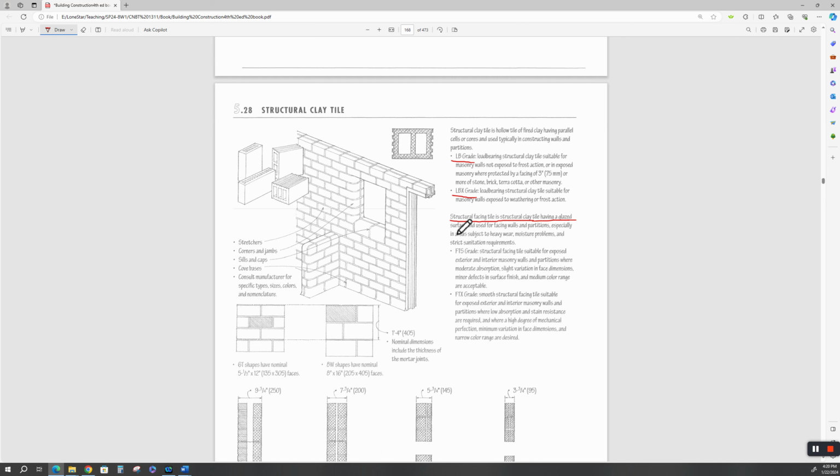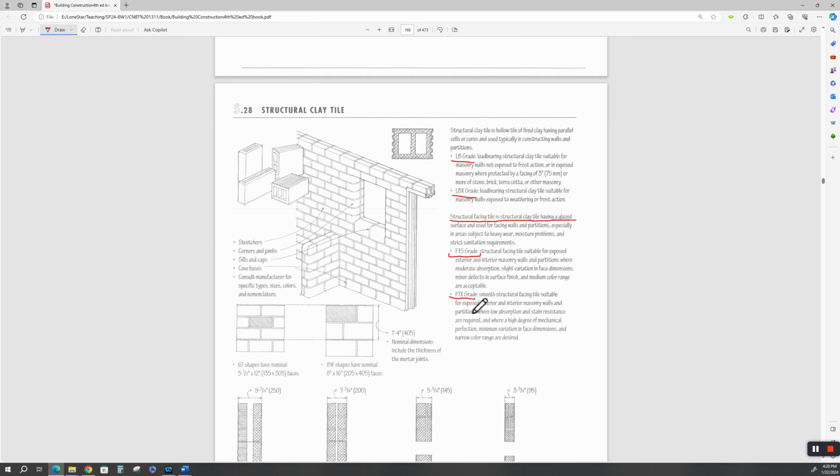Okay, structural facing tile has a grade of FTS and an FTX. Now the FTS is structural facing tile suitable for exposed exterior and interior masonry walls and partitions where moderate absorption, slight variation of face dimensions, and minor defects in surface finish and medium color range are acceptable.